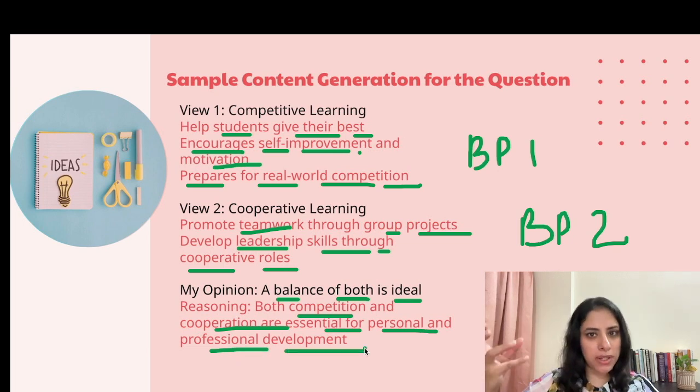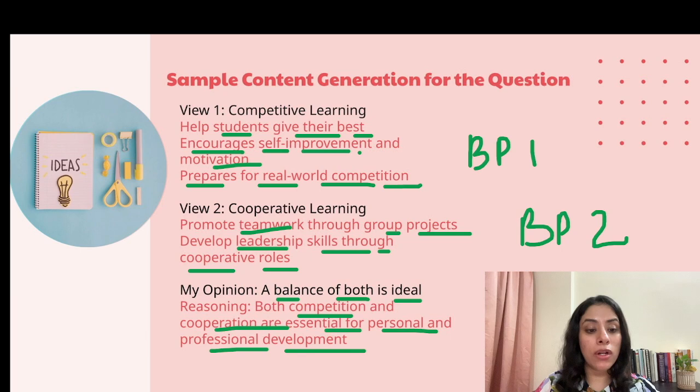When you're being competitive, surely it will add on to your professional development in the later stage of your life, or for a child. But for your personal development, you need to be humble, you need to be down to earth, and understand how to cooperate with others. So I think a balance of both is ideal here.